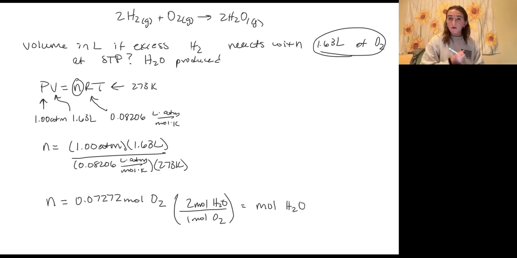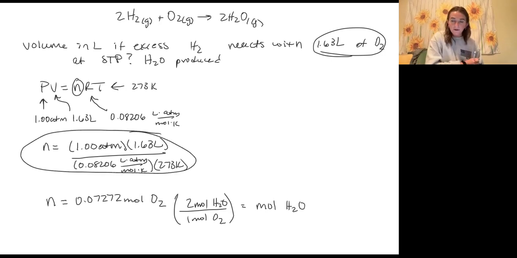And then to get to the volume, we're just going to do the opposite of what we did over here. Just reverse it. So instead of finding our moles, we're going to use our moles to find volume.